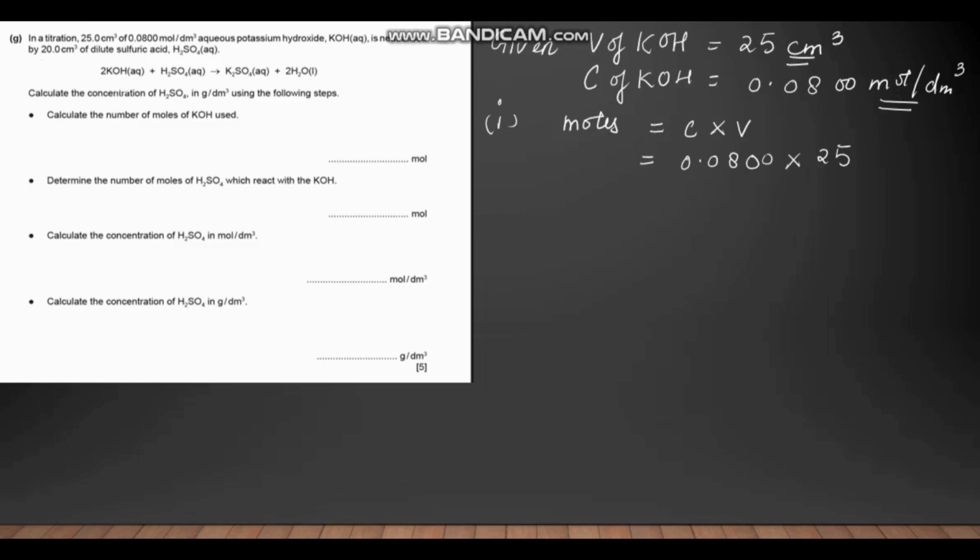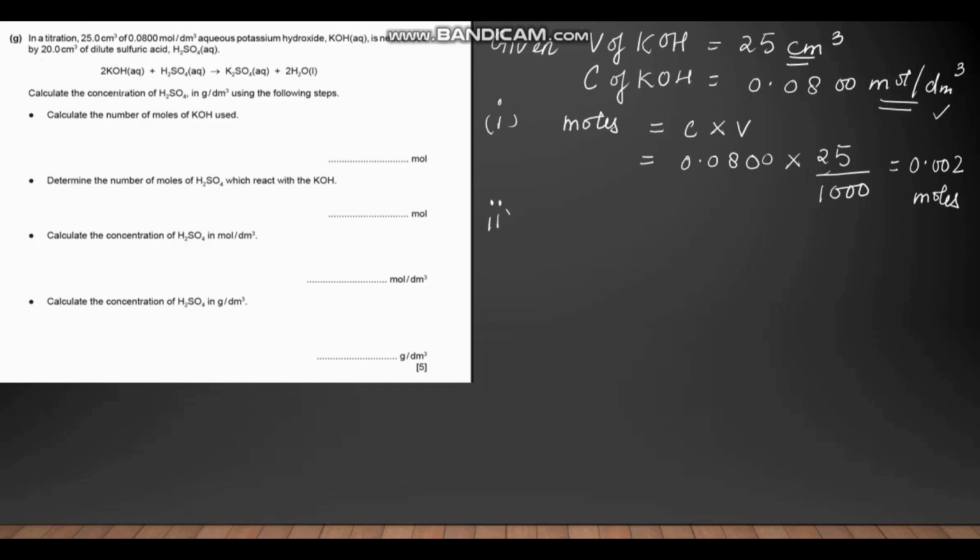Obviously, as concentration is per decimeter cube, we have to convert the volume into decimeter cube, and for that I have to divide it by 1000, and in that case the answer will come as 0.002 moles. So this is my first part.